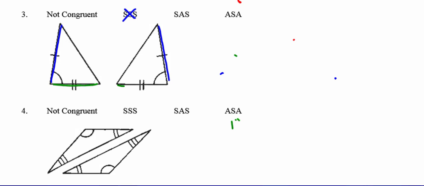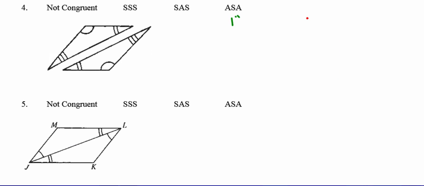I do have a second pair of congruent sides. In order for this to be side angle side, I'd have to know that the pair of angles that joins my green and my blue sides together are congruent. So in looking at the picture, I see that yes, indeed, I do have the pair of angles in between, or included by, my congruent sides. This is side angle side.